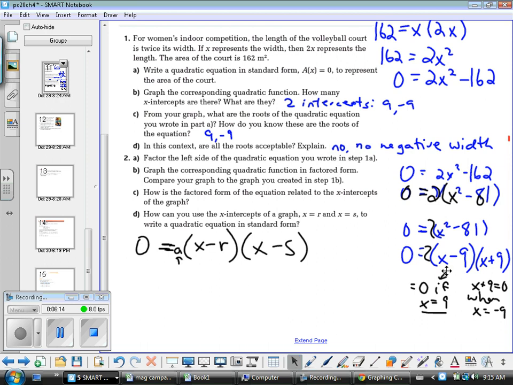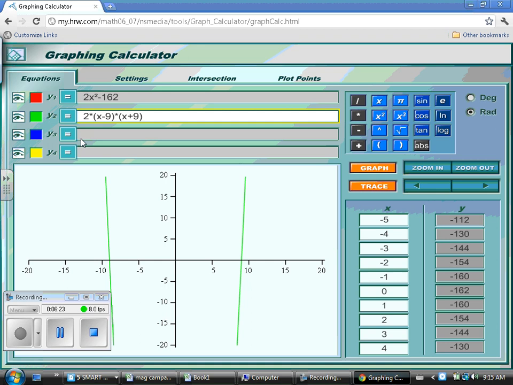Just by knowing the x-intercepts, you don't necessarily know the shape of the graph, but you will have the zeros. I'll show you, if I had taken that 2 out and left it out, so if I had just written x minus 9 times x plus 9, and now if I were to graph that, you're going to get a graph with the same intercepts.